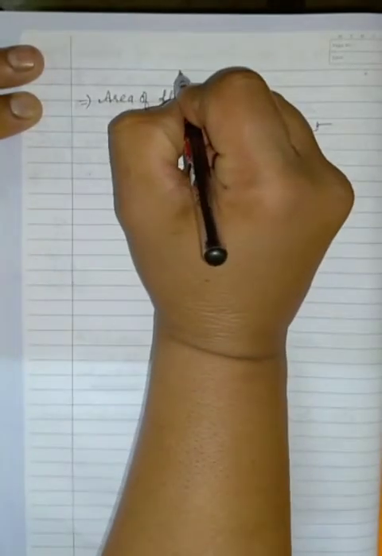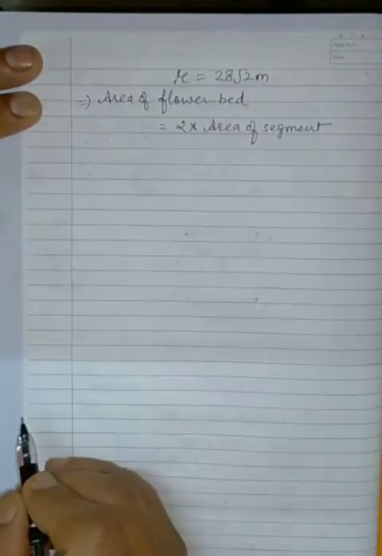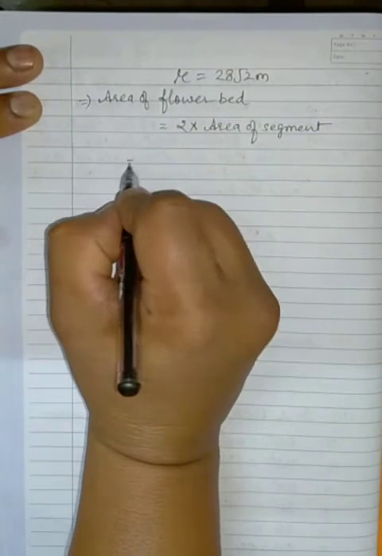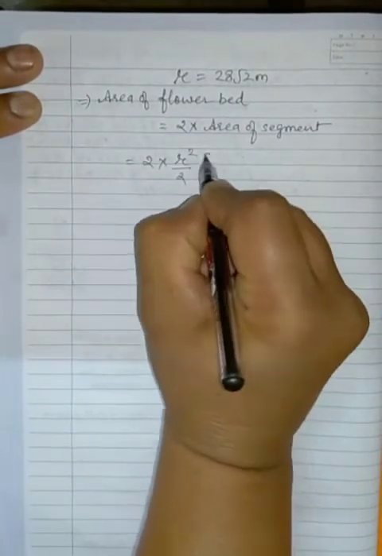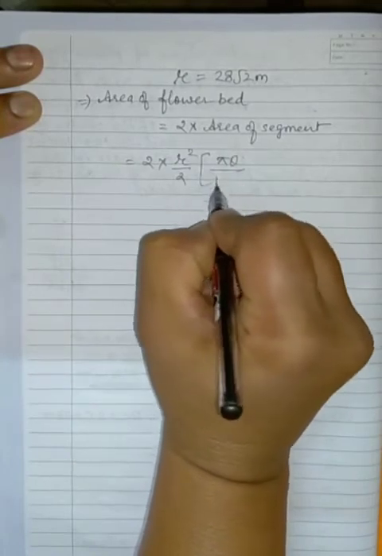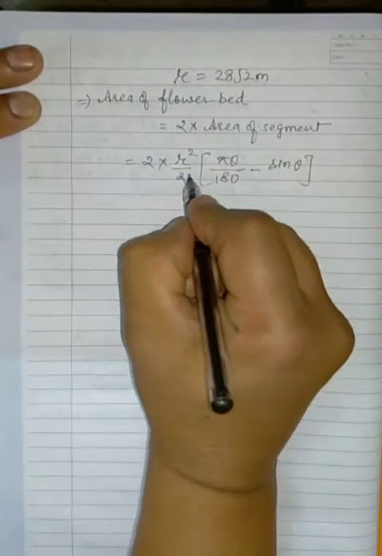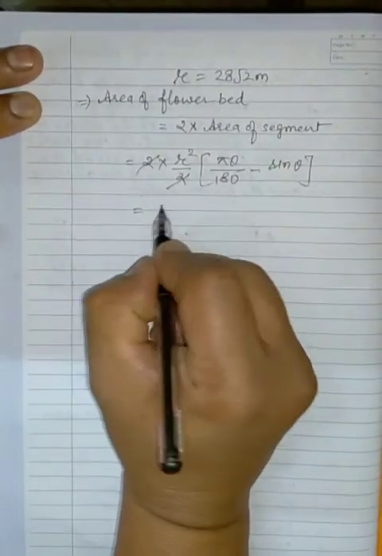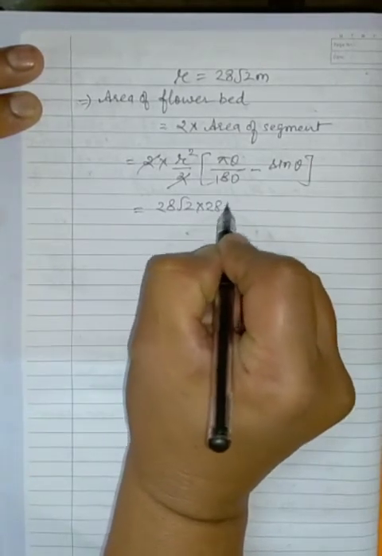Here the radius will work as 28 under root 2 meter. So 2 into r square upon 2, pi theta by 180 minus sin theta. 2 can be cancelled. So r square is 28 under root 2 into 28 under root 2.